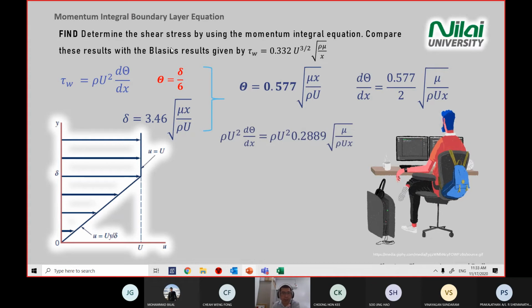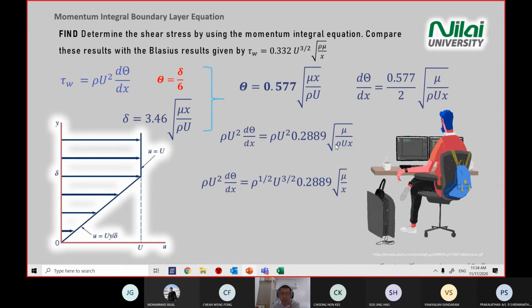Put this one back into the shear stress equation. When you put it back, you will have all these terms. From this line to this line, because you want to simplify and make the equation a bit tidy, you pull out the u.